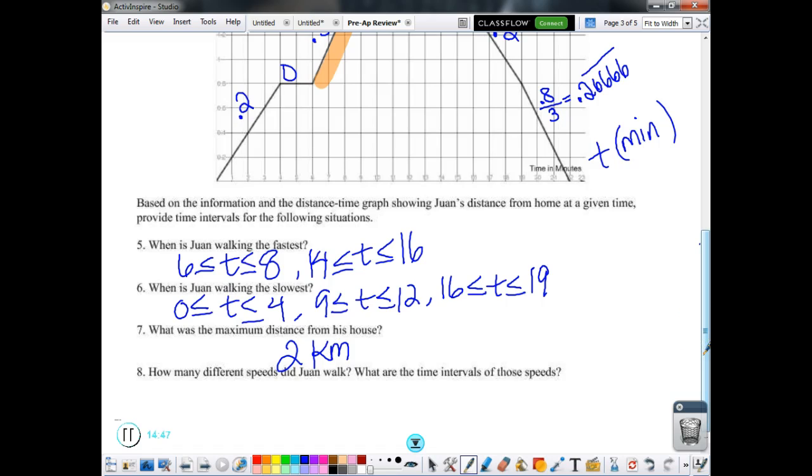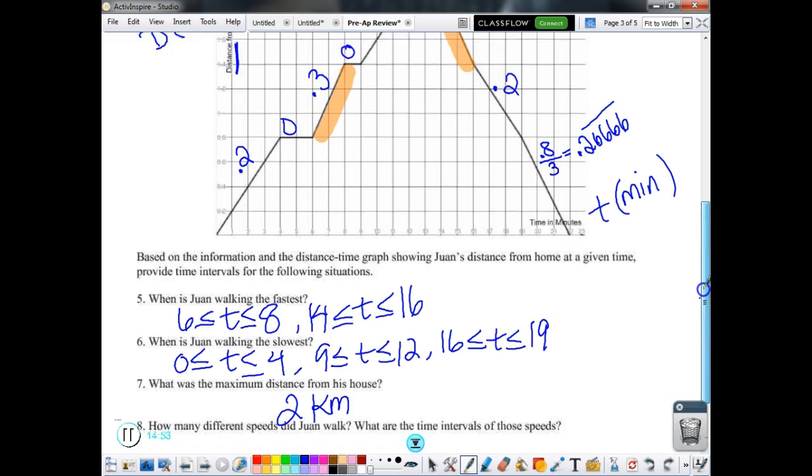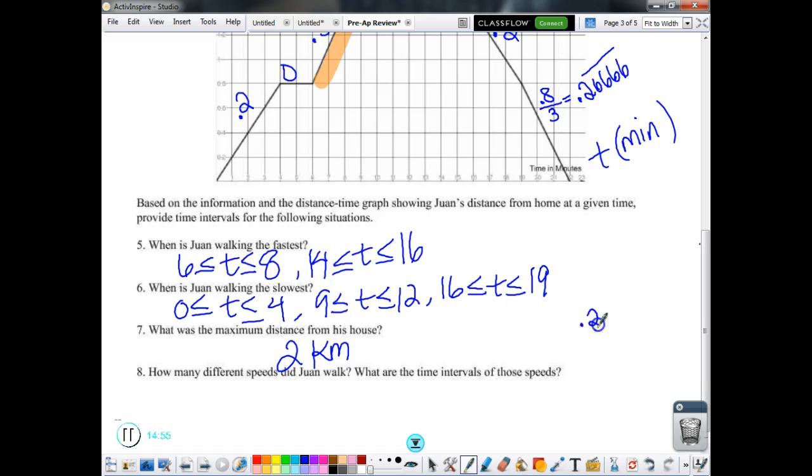How many different speeds did Juan walk? What are the time intervals of those speeds? 3 different speeds: 0.2, 0.26 repeating, and 0.3. Right? We already did what the 0.3 was. The 0.2 is this one. So this one would go here.